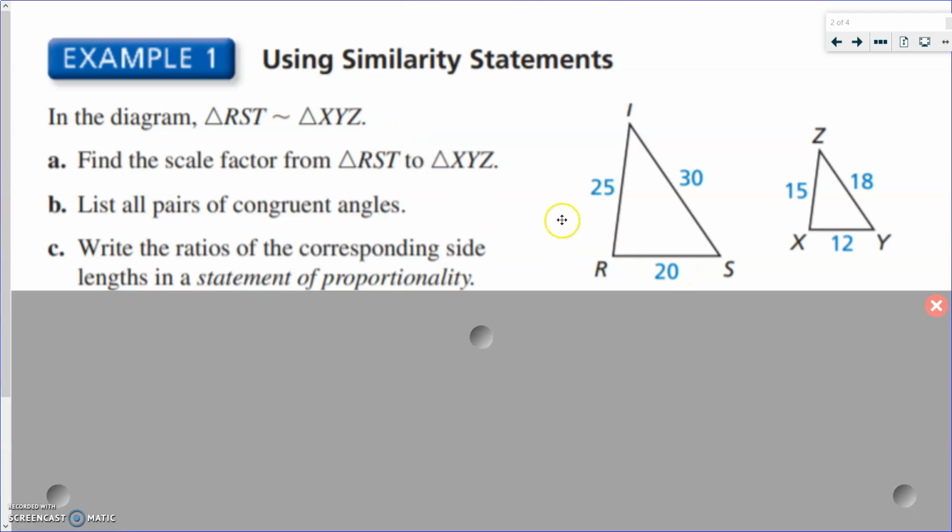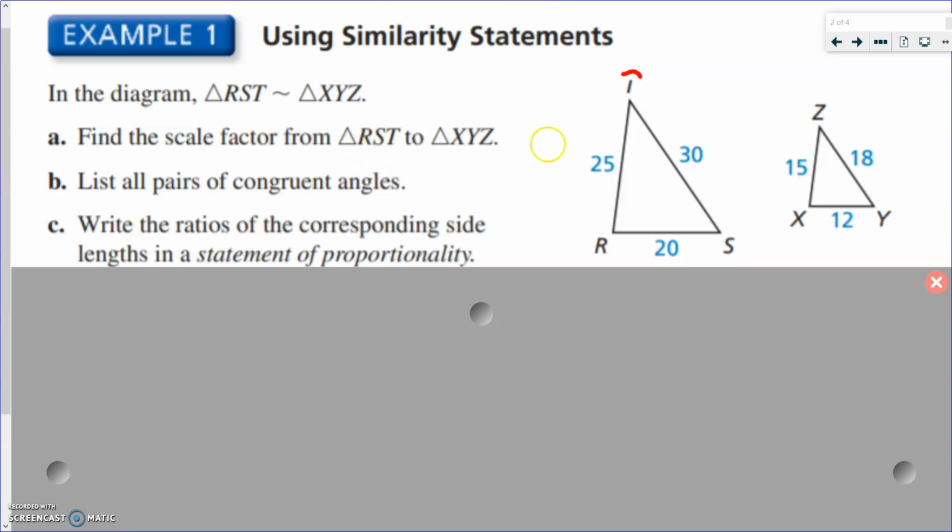So we know that angle R is the same as angle X, angle S is the same as angle Y, and angle T is the same as angle Z. And then we know the scale factor: XY over RS is equal to YZ over ST and ZX over TR. We want to list all pairs of congruent angles, and we want to write the ratios of corresponding side lengths.